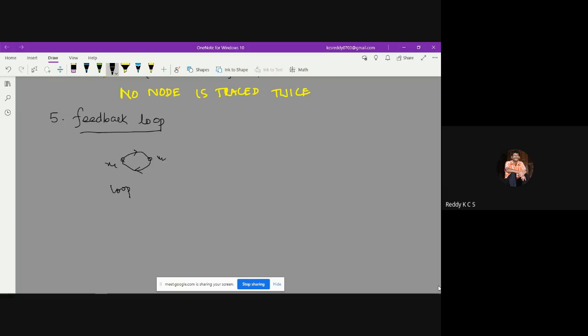With this loop also, you should not trace a node twice. So for both the feedback loop and the forward path, no node is traced twice.